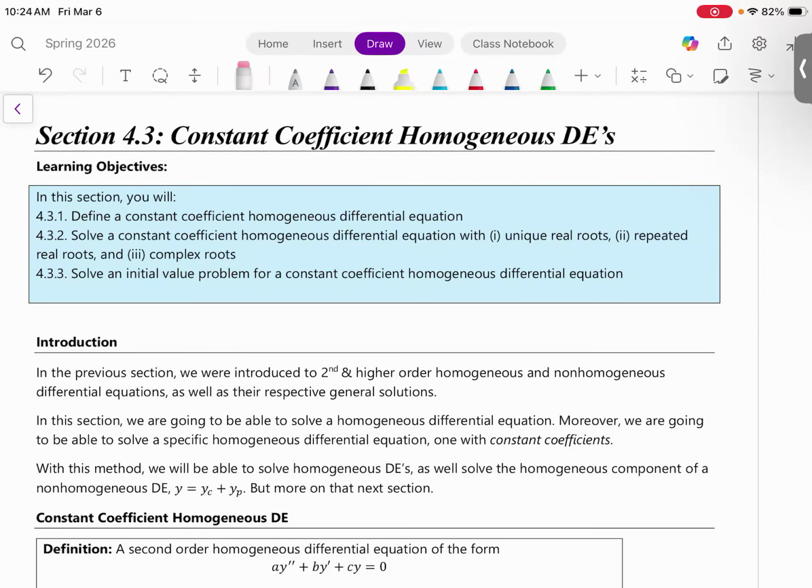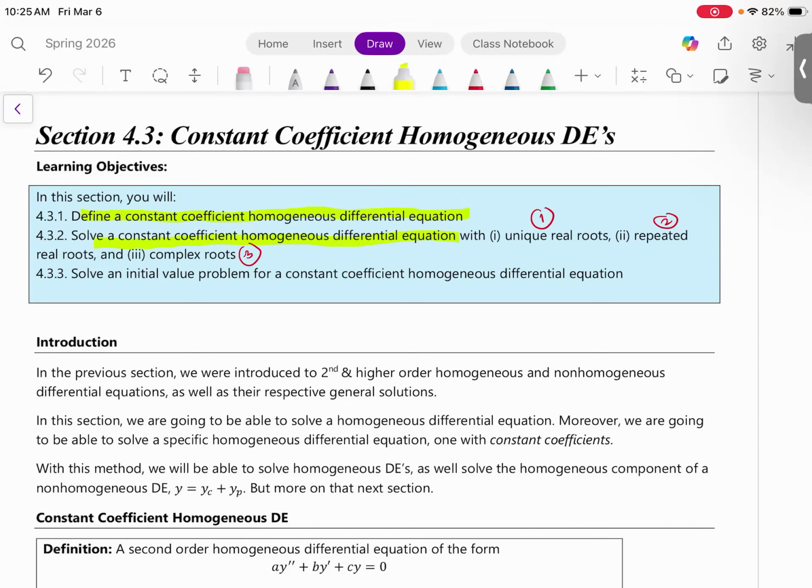In this video, we're going to be taking a look at constant coefficient homogeneous differential equations. So in this section, we're going to be able to define what a constant coefficient homogeneous differential equation is. We're going to solve these differential equations with three specific cases, one being unique real roots, two being repeated roots, and three complex roots.